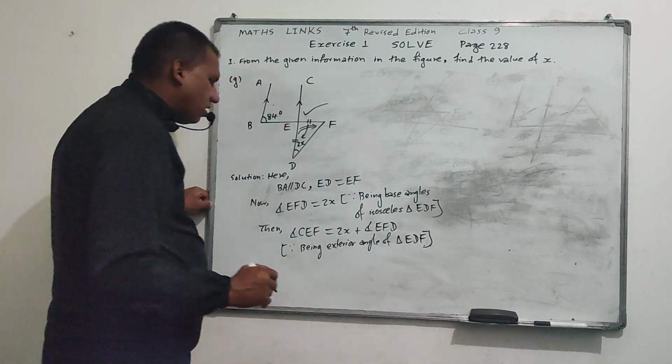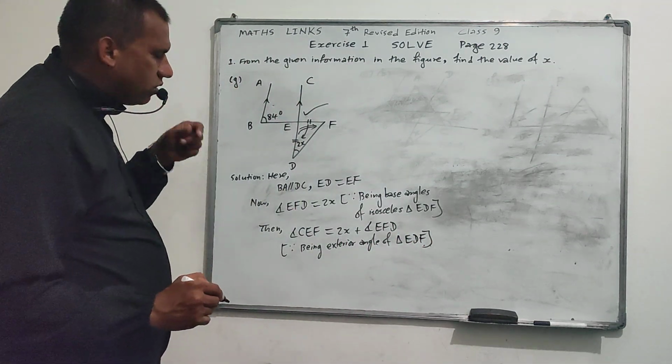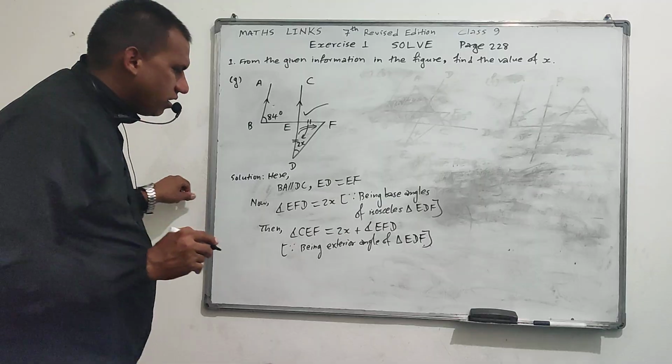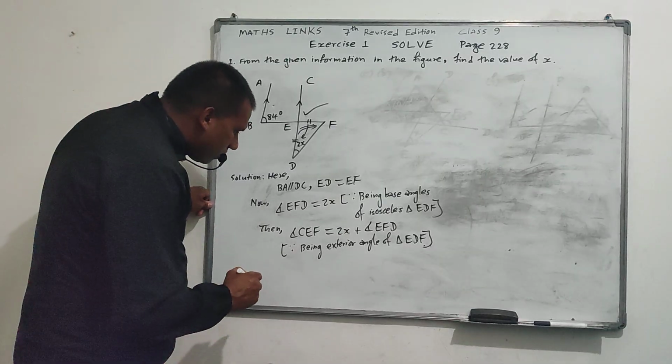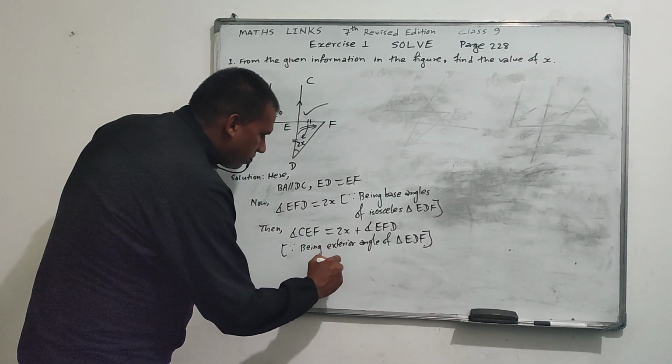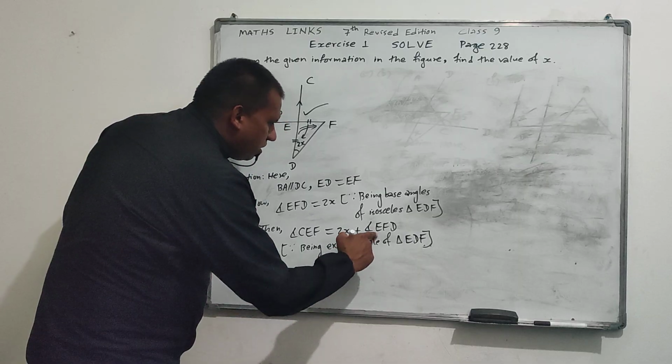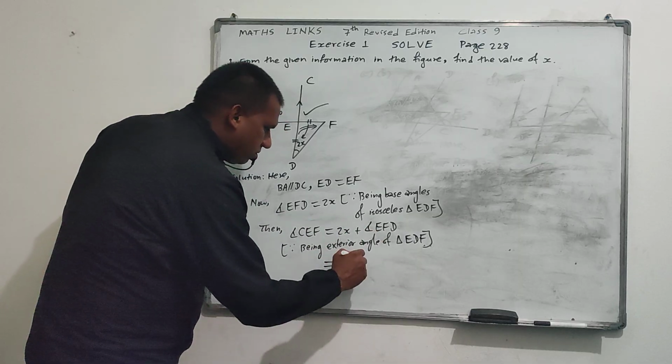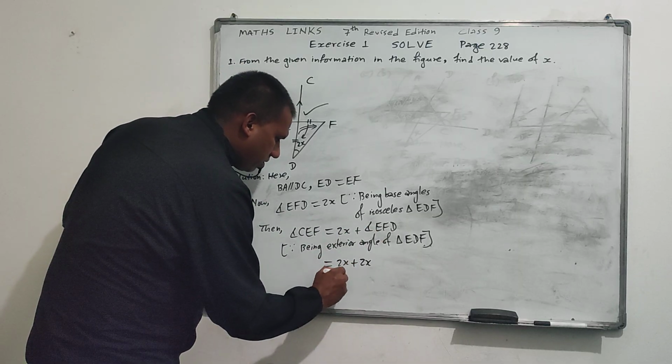Exterior angle property of triangle: exterior angle equals the sum of two opposite interior angles. So CEF equals 2x plus EFD. EFD equals 2x. 2x plus 2x becomes 4x.